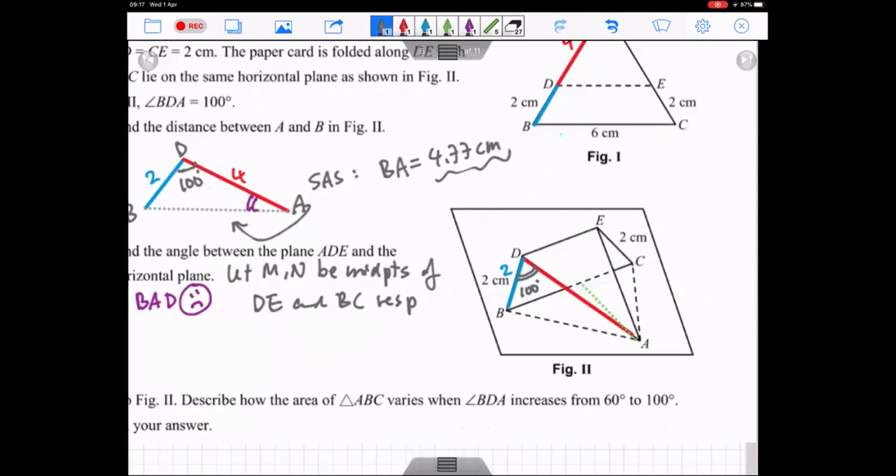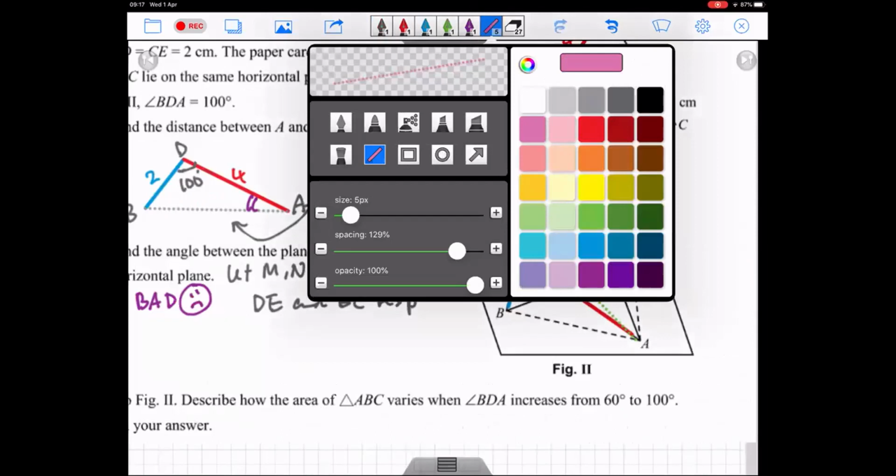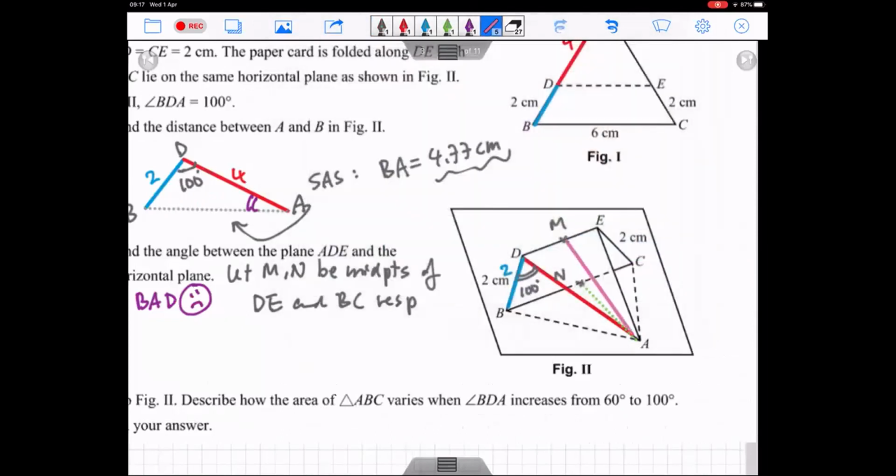So I say this is point M, and then we have a point N right here. And then we can join them. Finally, we can join MN.